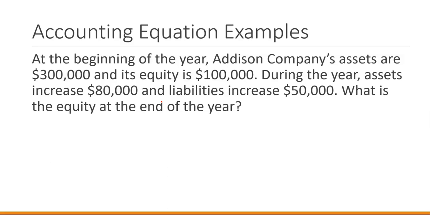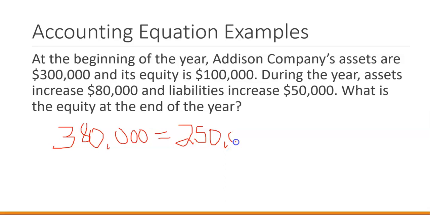Okay? So during the year, assets increase by 80,000 and liabilities increase 50,000. So what is the equity at the end of the year? At the end of the year we have assets of 380,000, and we now have liabilities of 250,000 because we started with 200,000 and we increased by 50,000.